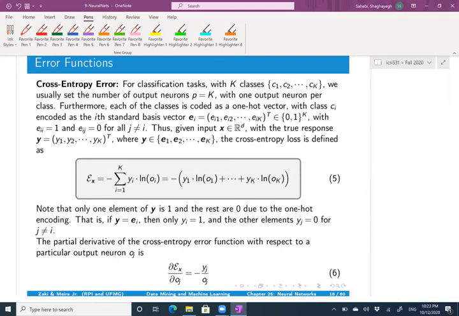And if we have k or p different output neurons, we are going to sum over this value for all of the neurons in the output layer, right? And of course, negative of it. So this is the cross entropy error for when we have a classification task, when our output variable is categorical, it's not numeric. All right.